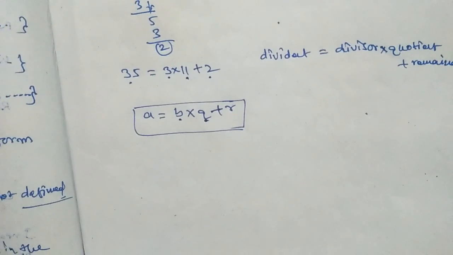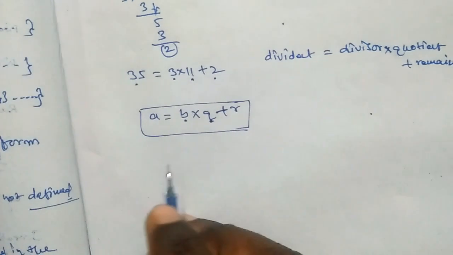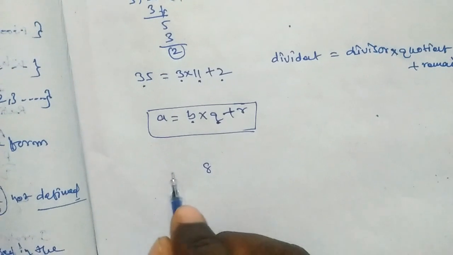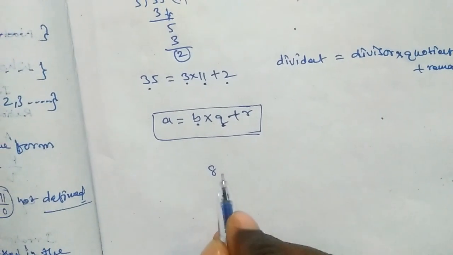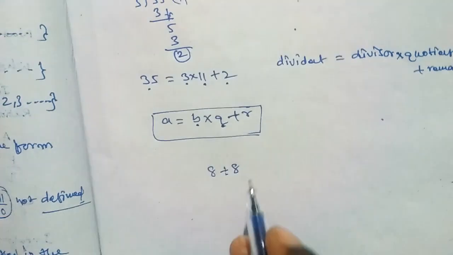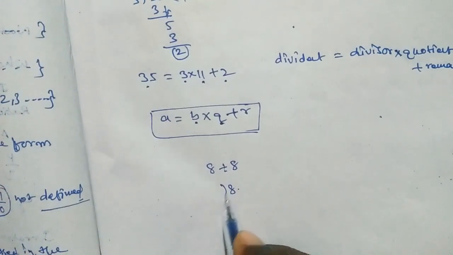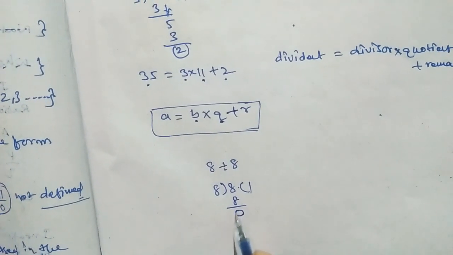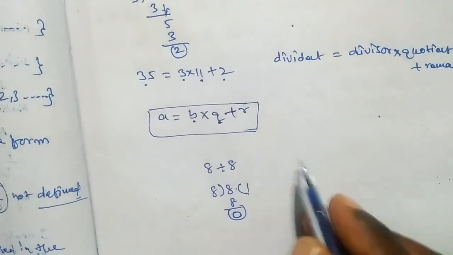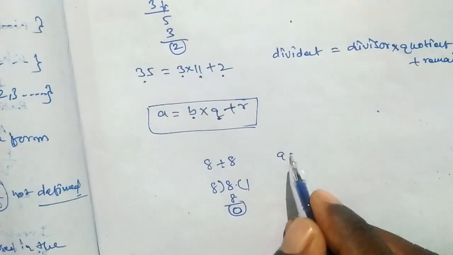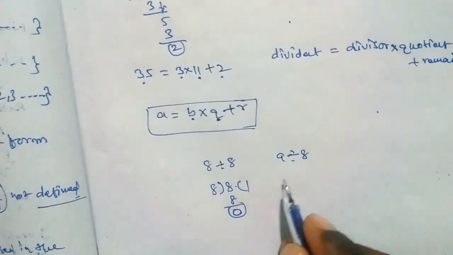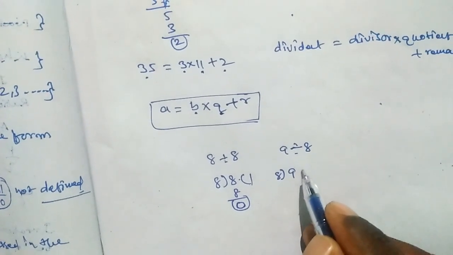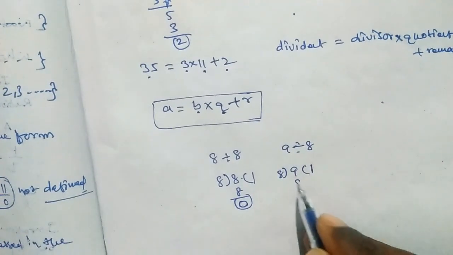One more concept I will explain here. Suppose I take 8 and 8 divided by 8. 8 ones are 8. I get remainder 0. Now I take 9 divided by 8. 8 ones are 8.